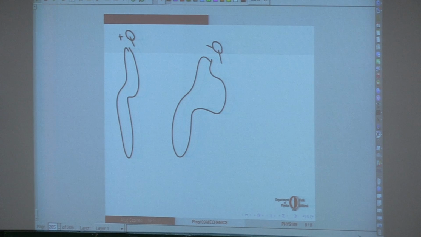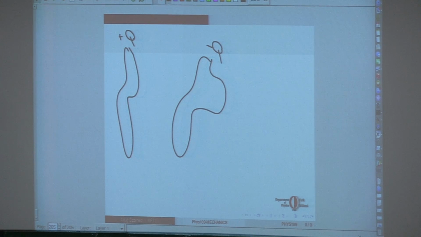You calculate the potential difference. Well, since they are conductors, it doesn't really make sense to ask the potential difference between which 2 points. You just take any point on this conductor and any point on the other conductor. The potential difference is independent of which point you choose, because the conductor itself is an equal potential surface. All the points on this conductor have the same potential. All the points on this conductor have the same potential.